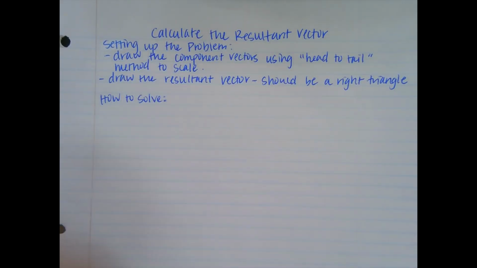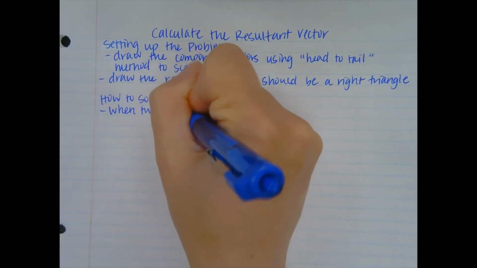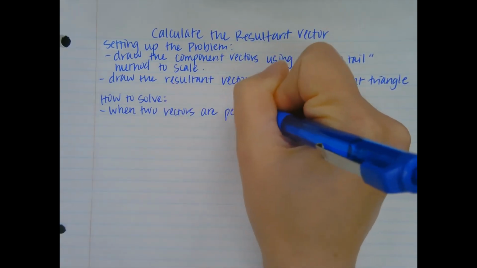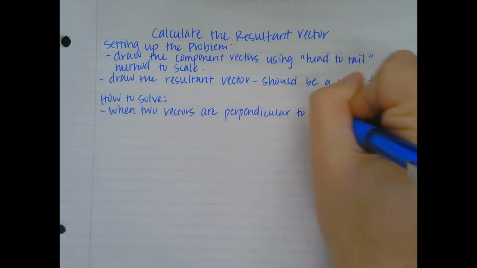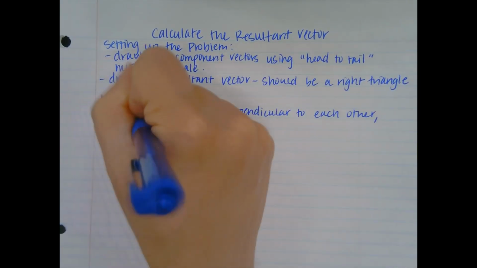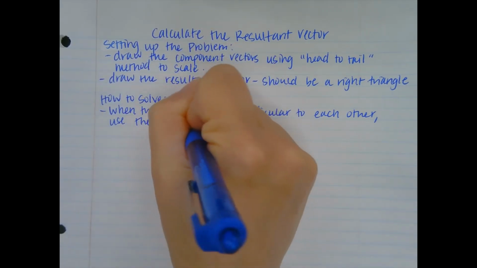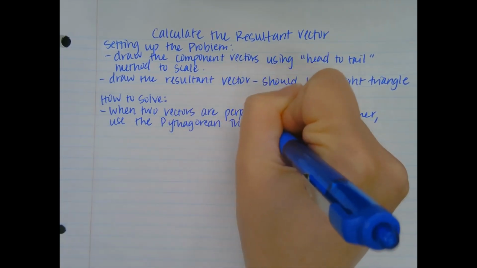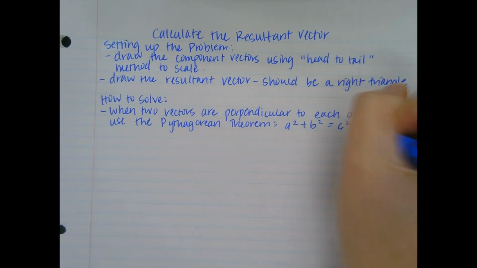Okay, right triangle. So then after we have it all drawn out, how to solve, we're going to use our geometry skills here, and we know that when two vectors or two lines are perpendicular to each other, we can use the Pythagorean Theorem, which we know is a squared plus b squared equals c squared.